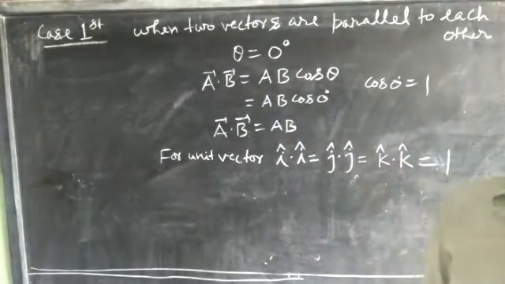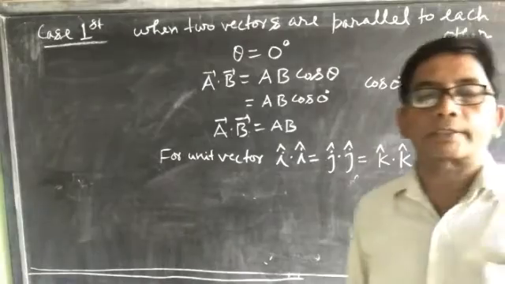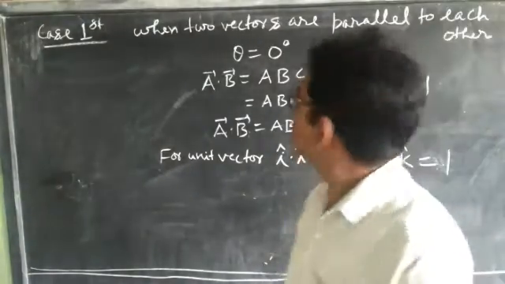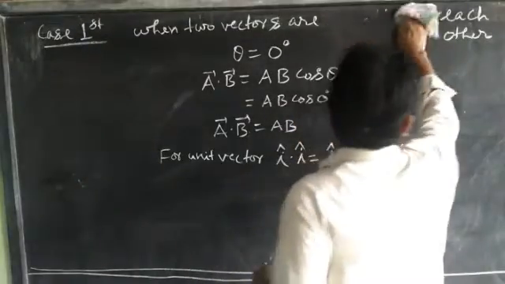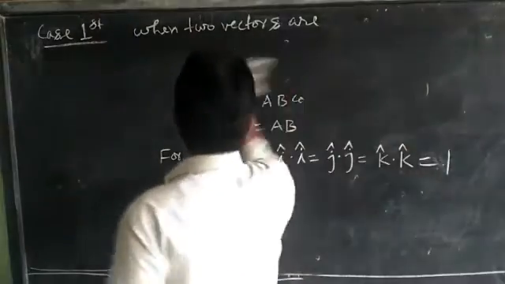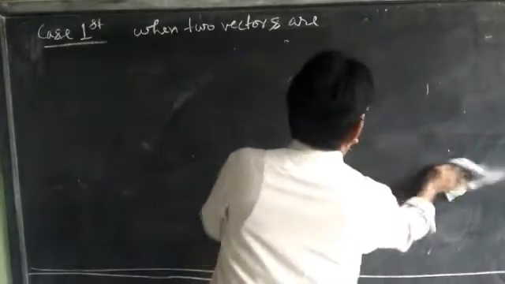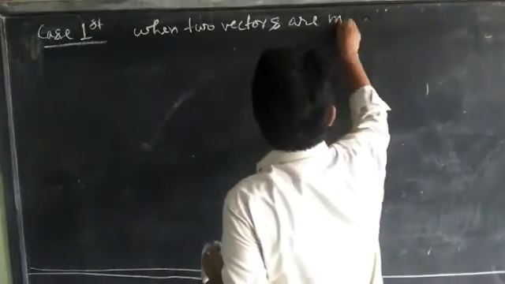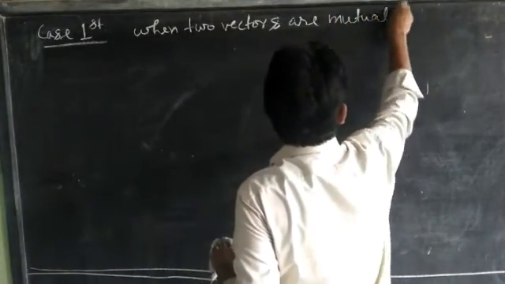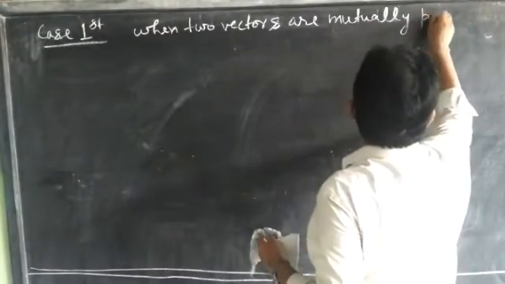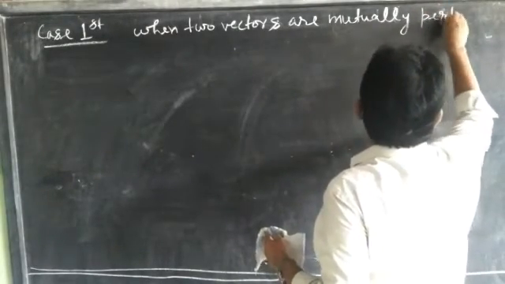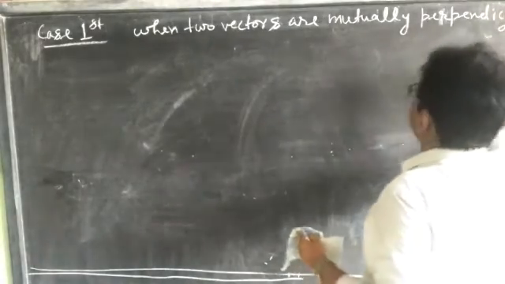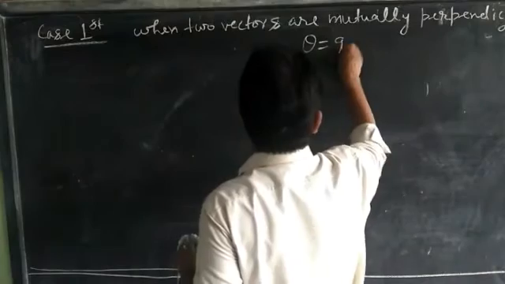Now we will discuss the second case, when two vectors are mutually perpendicular. When two vectors are mutually perpendicular, then theta is equal to 90 degrees.